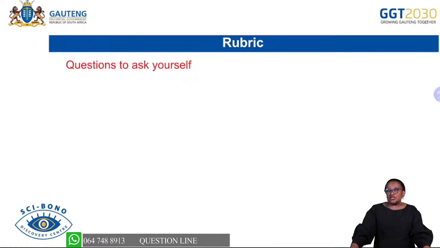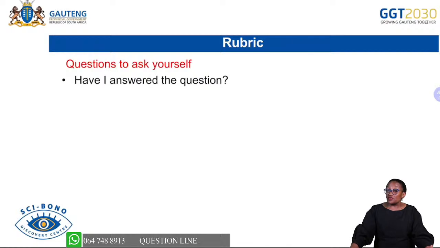What questions do you need to ask yourself after you have answered the brief? After you have read the brief, ask yourself, have I answered the question? If so, how well have I answered the question?